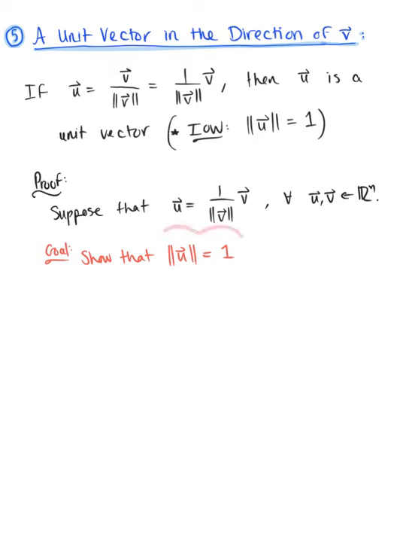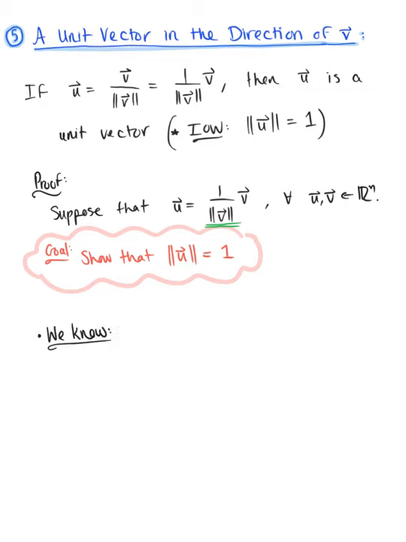Okie dokie. So with this in mind, where do we go? Well, we know that by definition of the magnitude, the magnitude of vector v is a scalar. So 1 by the magnitude of vector v is a scalar or a constant. So let's just make a little love note to ourselves.